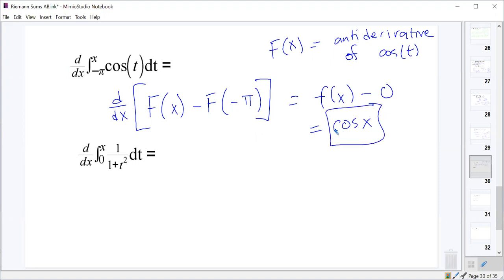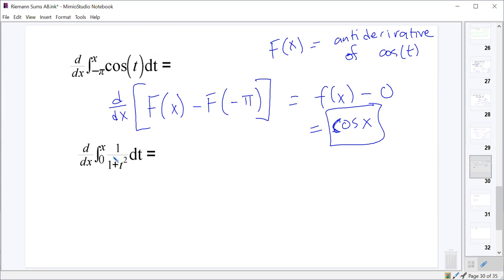So the whole point of this is that if I am taking the derivative of the antiderivative from some constant to a variable x, then the derivative of that is just the original function, cosine of x.